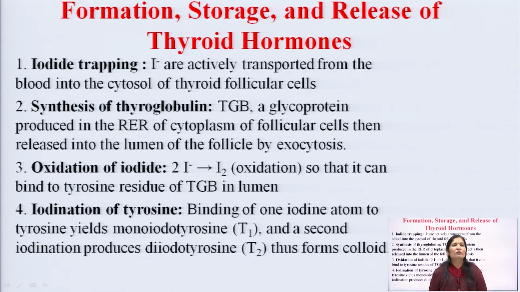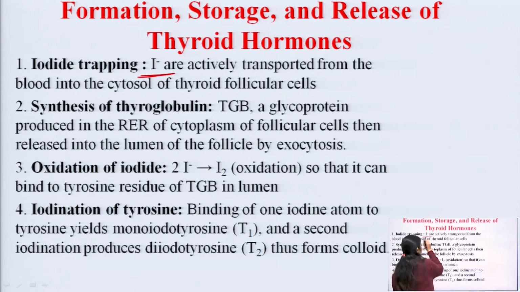Now we will discuss the steps of formation of thyroid hormones. First is iodide trapping. The thyroid gland needs iodine, but from where will it get it? It will get iodine in the form of iodide. The thyroid gland will take up the iodide from the blood into the cytosol of thyroid follicular cells.